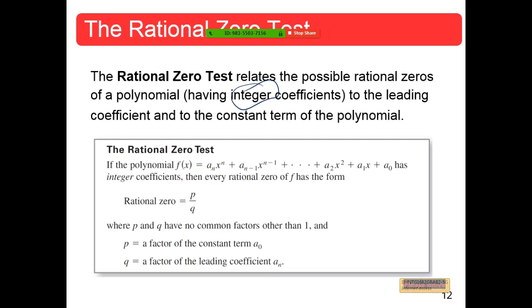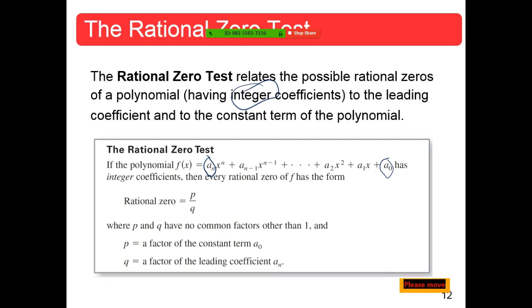And most of our coefficients have been integers so far. So that's nothing too new for us. You're looking for the possible rational zeros of a polynomial having integral coefficients, relating them to the leading coefficient and the constant term of the polynomial. So basically for the rational zeros test, you're only looking at that first coefficient, a sub n, and the last number. All those in the middle, who cares? Okay, they matter, but not for what we're going to be doing.